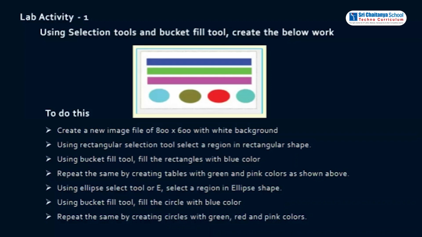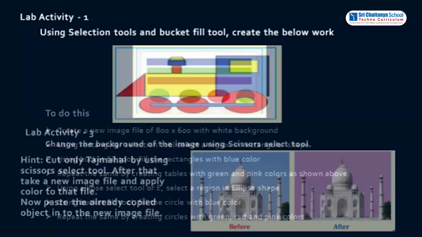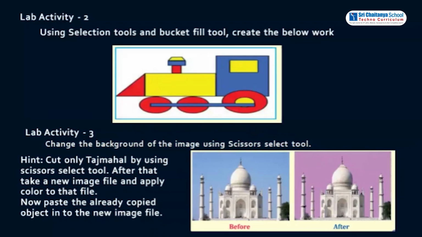Now let's move on to the next lab activity. Lab activity 2. This is the activity which is left to you to do. So children, you may be wondering, how will I be able to draw the shape as a rectangle? Yes, you have to use your rectangular selection tool.